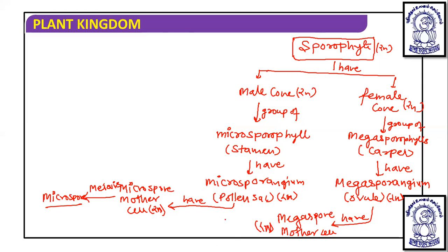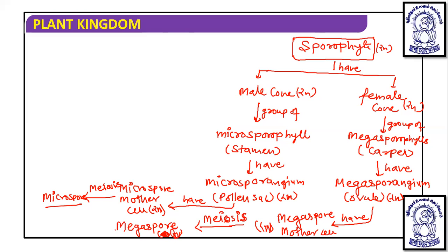This megaspore mother cell also undergoes meiosis and produces megaspores, and that megaspore is haploid.